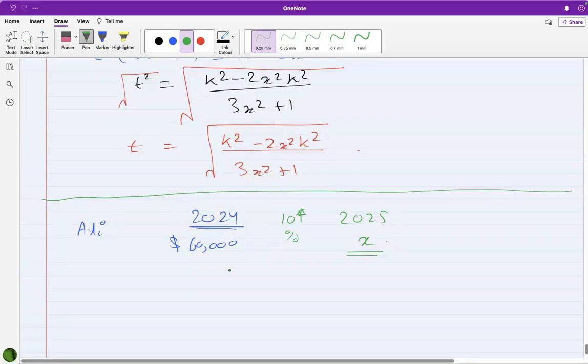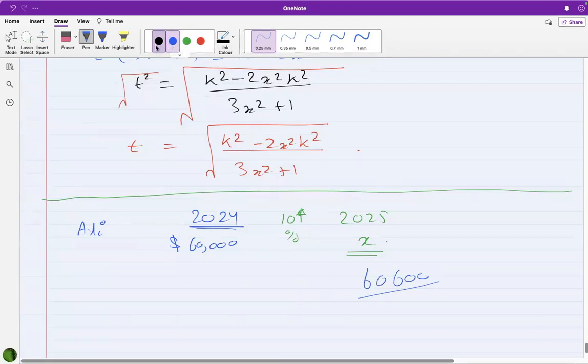So when we increase it by 10%, 60,000 into 1.10. Say that number again. 60,600, right?